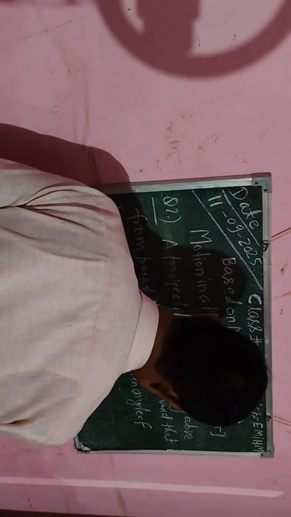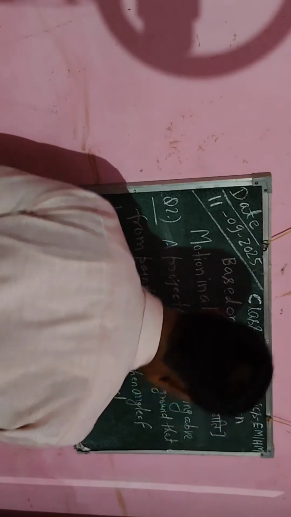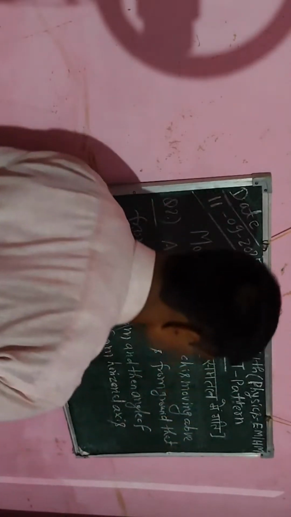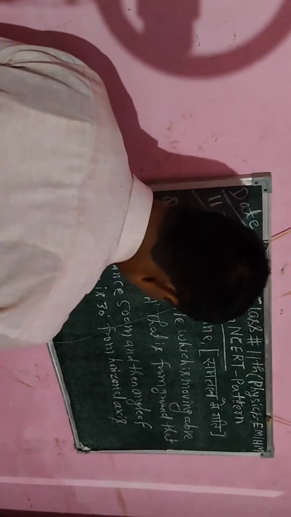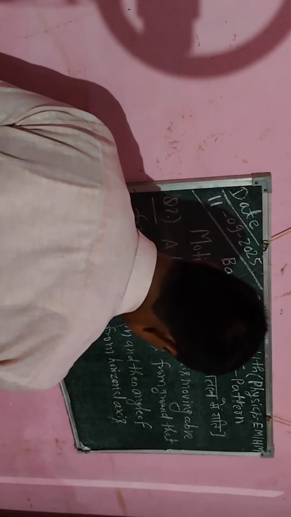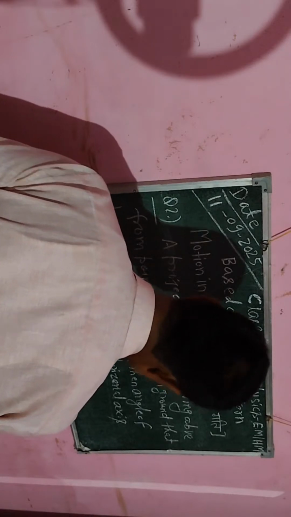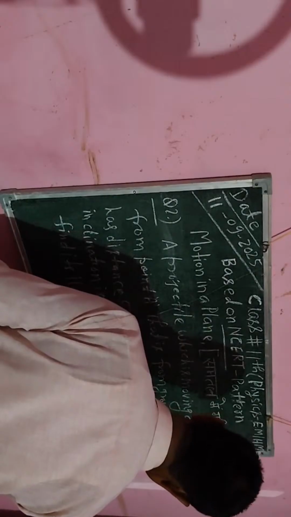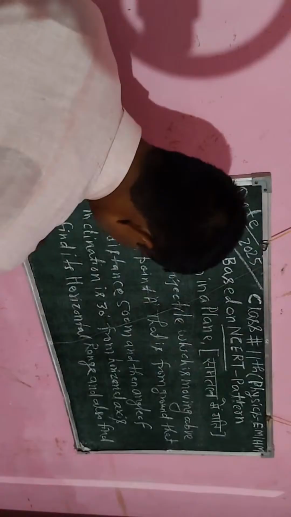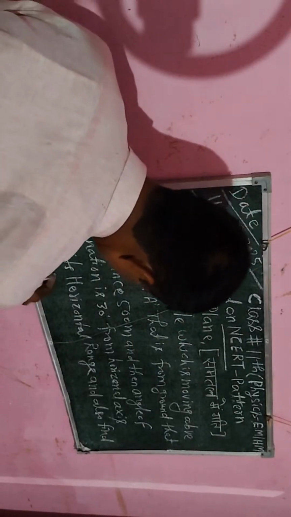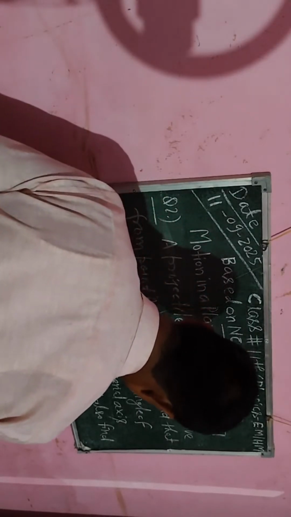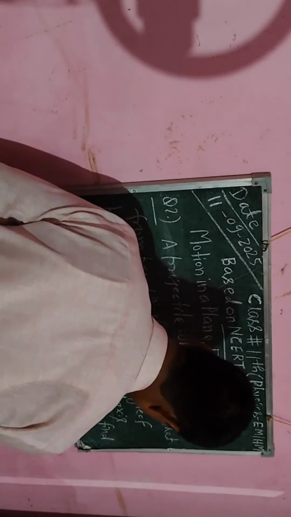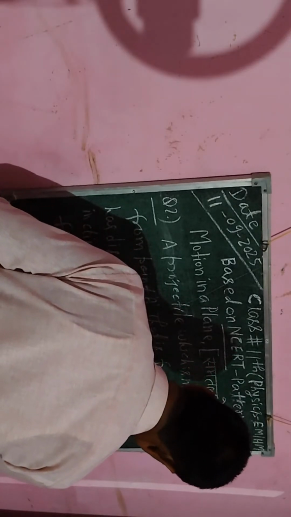From the horizontal axis. Find its horizontal range, and also find the time when it is coming from point A to point B on the ground.